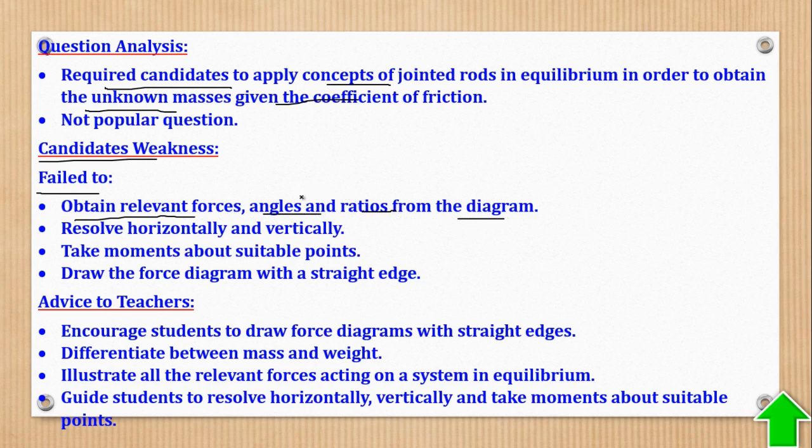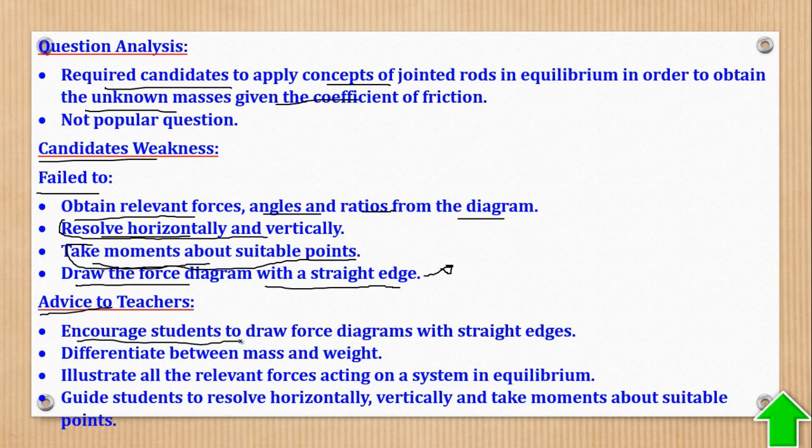So drawing the correct force diagram was a challenge. Then also resolving vertically and horizontally was also a challenge, and taking moments about suitable points. So in this case, I only use this concept of resolving, but you can also use the concept of taking moments. Then also drawing the force diagram using a straight edge. So that means that force diagram must be drawn using a ruler.